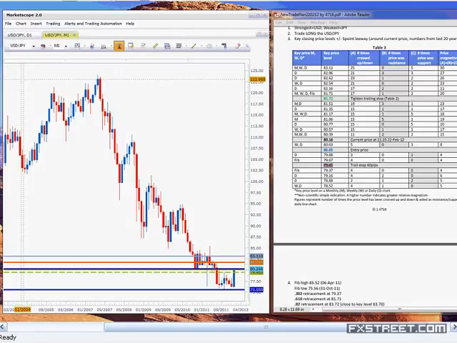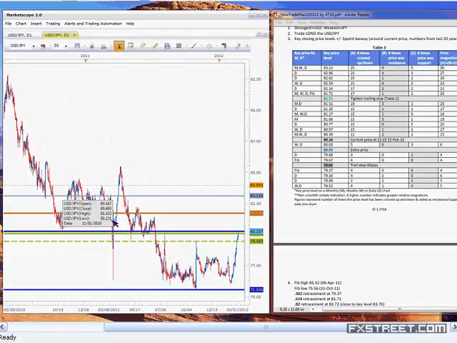Maybe I should condense my chat room. I won't be able to see the chat for a second. Okay, so that's a monthly. The recent long move on a monthly chart, whether you see it on a monthly, weekly or daily, in my opinion, is a retracement in the overall trend.